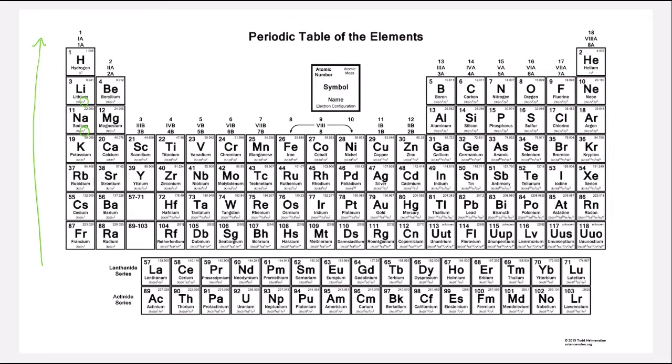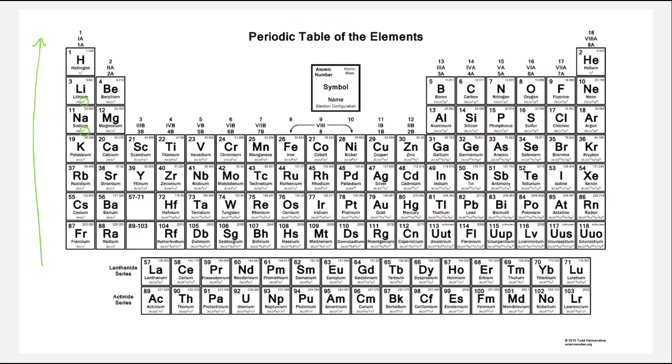Na also is a larger atom than lithium and has a greater atomic radius. Therefore, sodium's electrons are further from the nucleus. Next is because of shielding. Electrons that are further away from the nucleus have more shielding, therefore lower ionization energy.